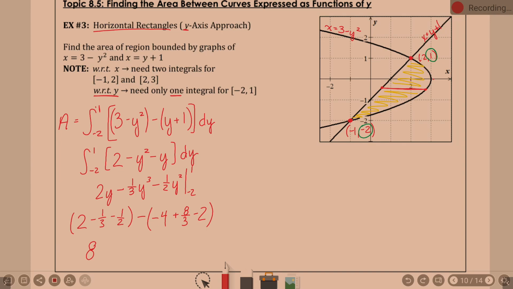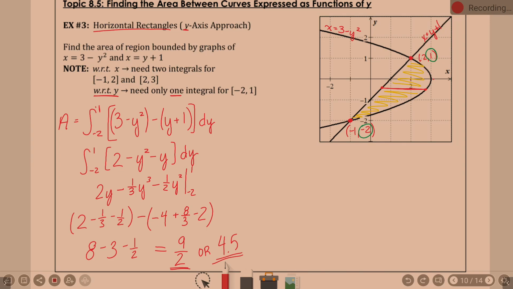Minus 1/3 minus 8/3 is minus 9/3. But 9/3 is 3. Ooh, I like this. And then what? We just have a -1/2? I don't know. You have to do you, right? If you're having to do this without a calculator, you have to do what works for you. So 8 minus 3 is 5. 5 minus 1/2 is 4.5. 4.5 improperly is 9/2. Or I guess you could have just said 4.5.